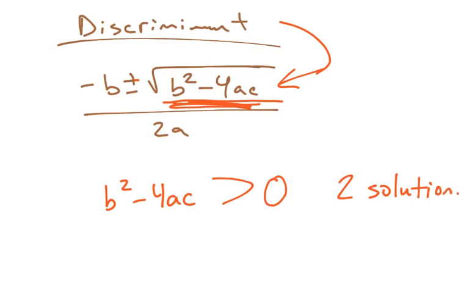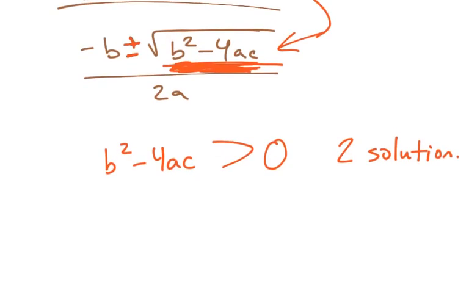What I hope you realize is that because you're going to have a square root inside, the plus or minus means you have 2 solutions, right? And these 2 solutions are going to be real solutions. They're going to be real numbers, right?